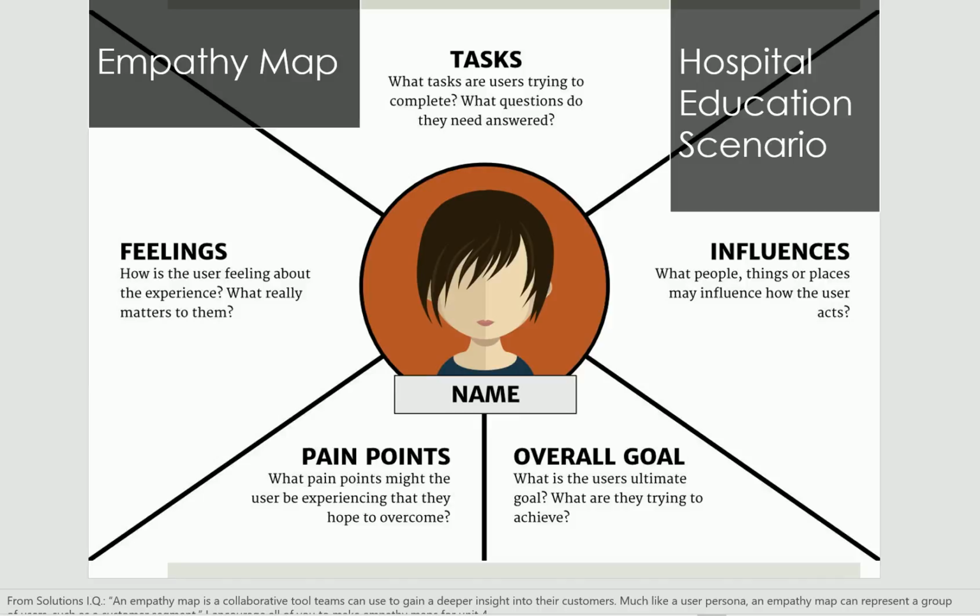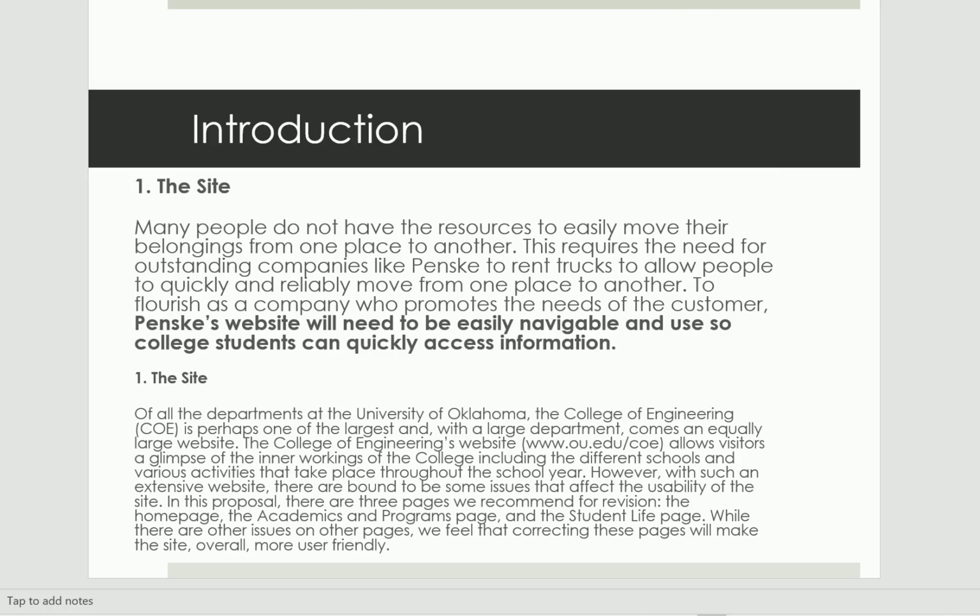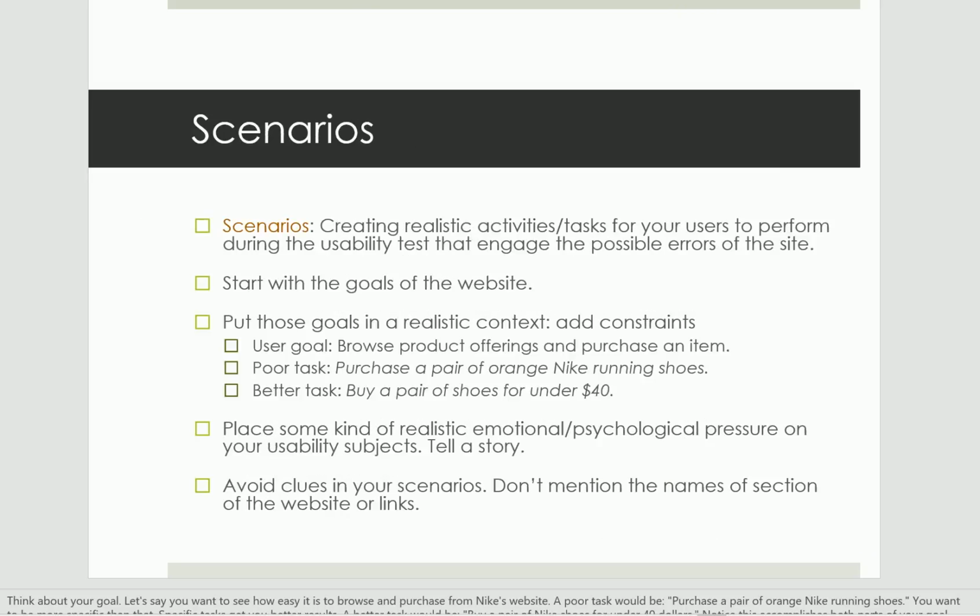Okay, so now let's look at, I'm going to skip over that one. We're going to look at scenarios and think about the scenarios that you need to develop in order to conduct your usability test. So scenarios are important because they guide what the users actually do. So when you're thinking about your scenarios, think about your goal. In other words, what do you want to research about the website that you've identified?